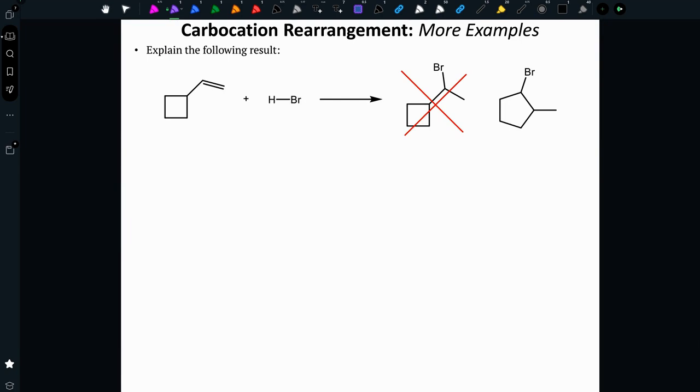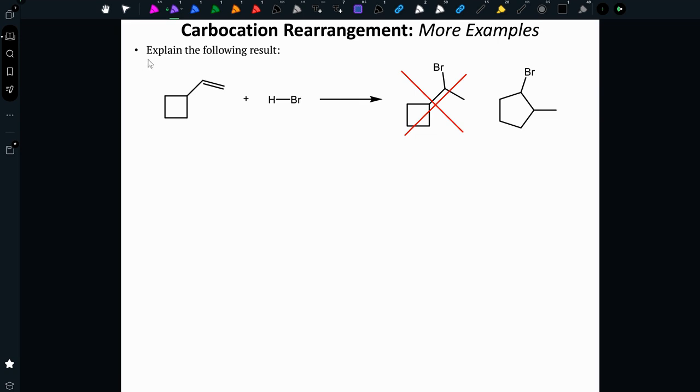Here, I start with a 4-membered ring. And you may remember from Module 7 that 4-membered rings have what we call ring strain. The orbitals don't align the way they'd like to because the bond angles are too small. That results in 4-membered rings being less stable than they otherwise would be.